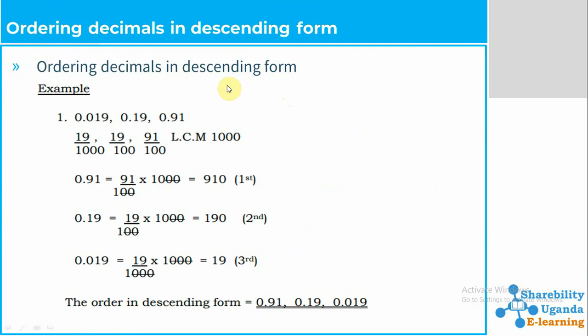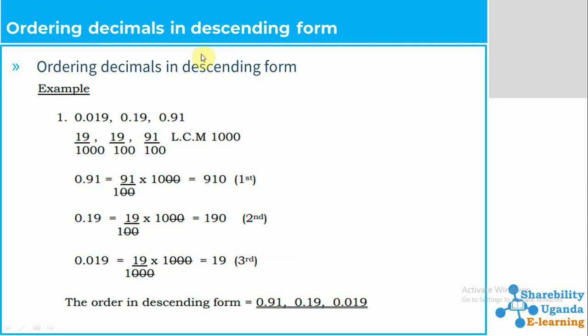When they talk about descending, they mean arranging our decimals from the biggest to the smallest, because the other one was ascending, where ascending means from the smallest to the biggest. So we are going to do the opposite of it. Of course, we still use the same approach or the same method as we use in our ascending order.